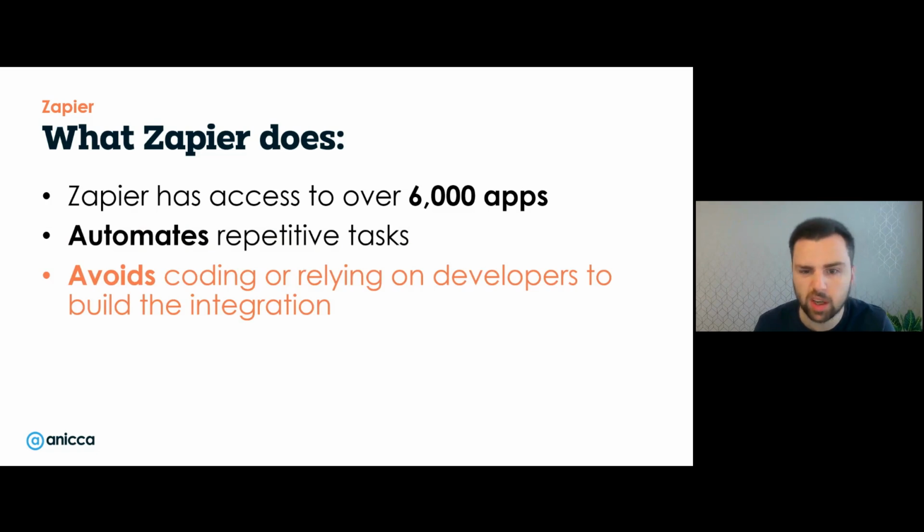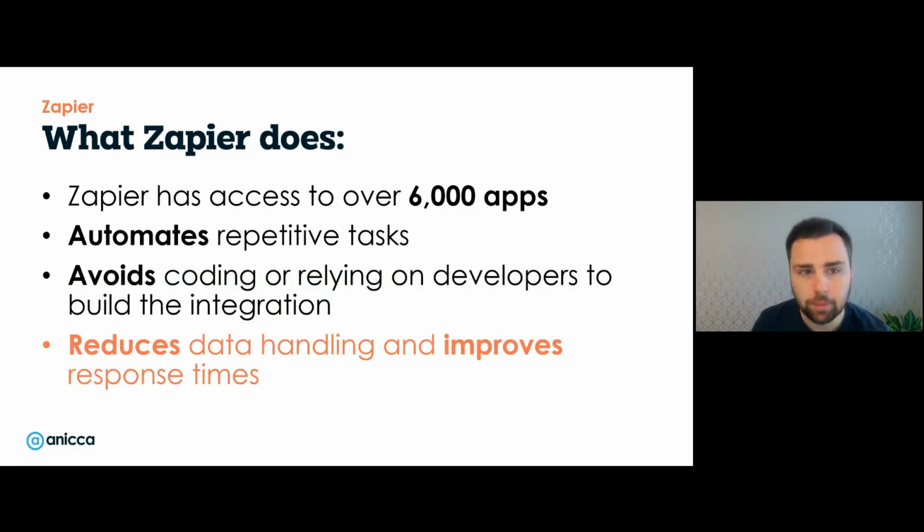It avoids coding or relying on developers. I never like to rely on developers to build integrations. Zapier is very much like plug and play. It effectively does it for you. You don't need to rely on anyone else, which is always helpful.